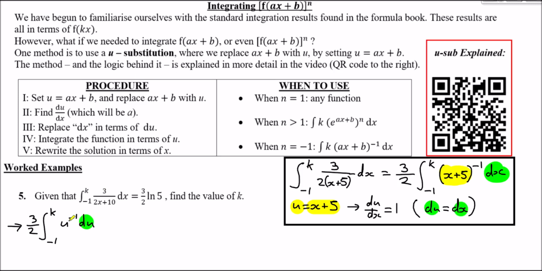Now, of course, you should know now, if I integrate u to the -1 with respect to u, essentially 1 over u du, I'm going to get ln mod u. So that'll give me 3 over 2 ln mod u in between the limits of k and -1.